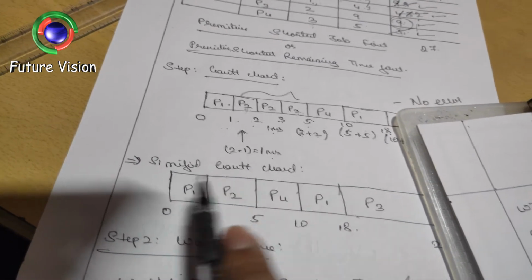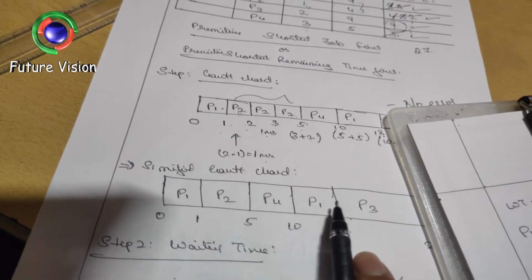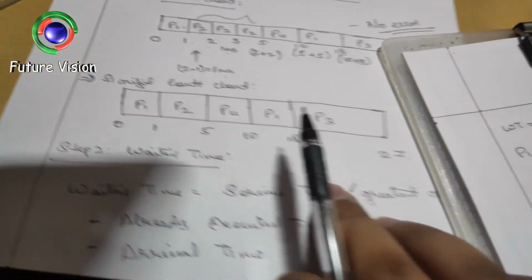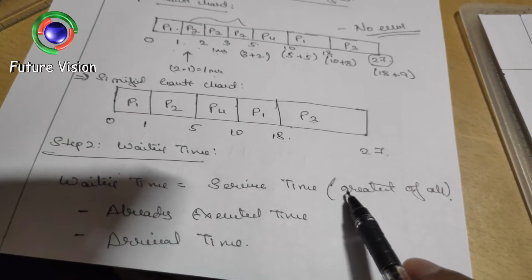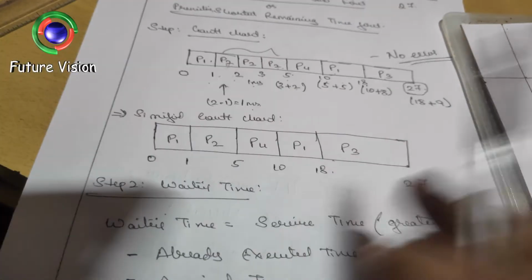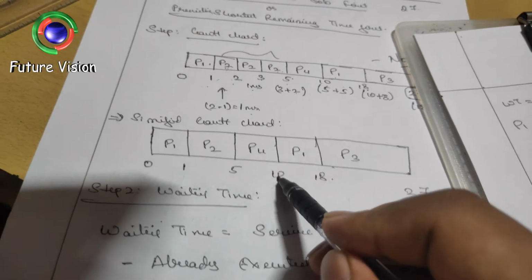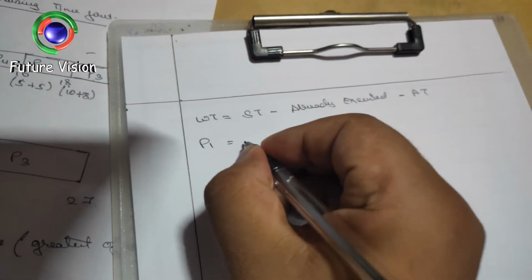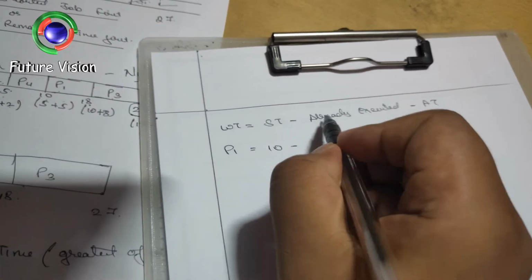One P1 is here, another P1 is here. Now P1 service time is 10, another P1 service time is 0. As you can see, we have to calculate the greatest of all. So the greatest P1 service time is 10. So simply I take P1 service time to be 10 minus already executed time.